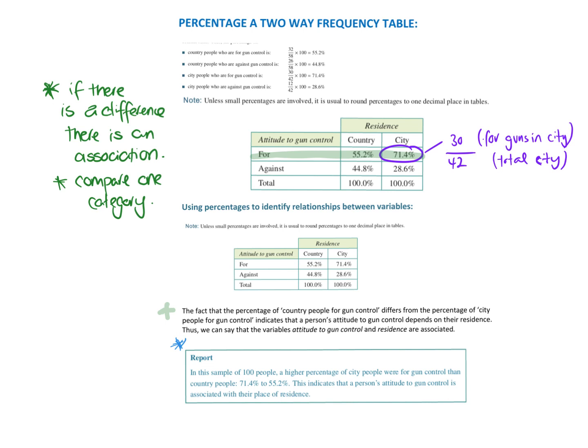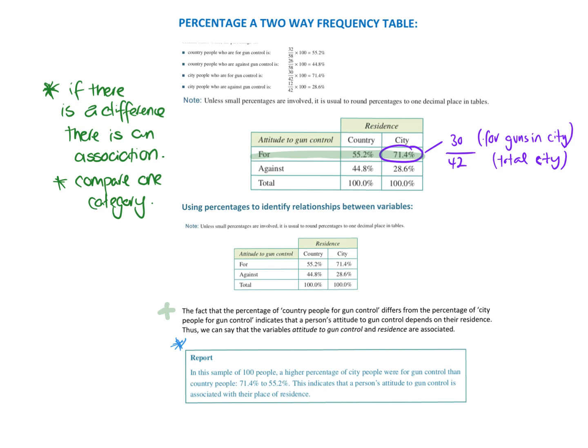So here's what I would have written if I was trying to say whether there was an association. It says in the sample of 100 people, a higher percentage of city people. Really, you don't have to write in the sample and all that when you're writing them out in the exams. You would probably just start off with there was a higher percentage of city people for gun control than country.